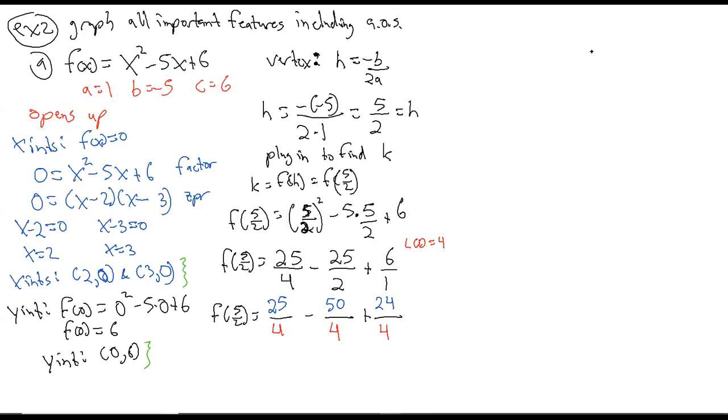So those are your equivalent fractions. Now that we have a common denominator, 25 minus 50 is negative 25. Negative 25 plus 24 is negative 1. So that is negative 1/4. And after all that arithmetic, we finally have our vertex. It is the x value of 5/2, comma, what we just got, that's our y value, that's our k, so negative 1/4.